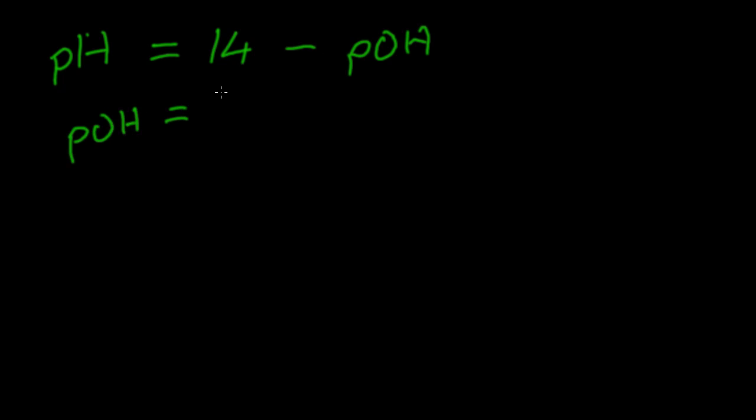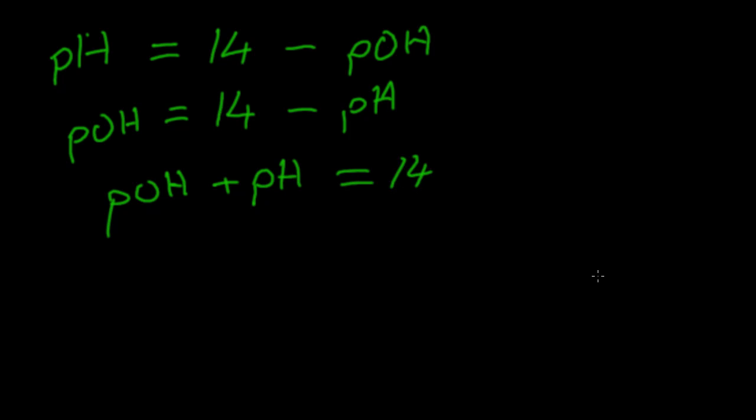And the way it works in practice is that pH equals 14 minus pOH, and pOH equals 14 minus pH, or we could say that pOH plus pH equals 14, and that will always hold true. And you can treat pOH exactly the same as pH in terms of the calculations and the equations.